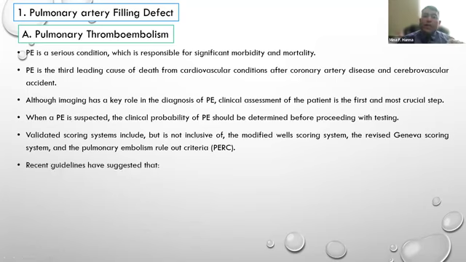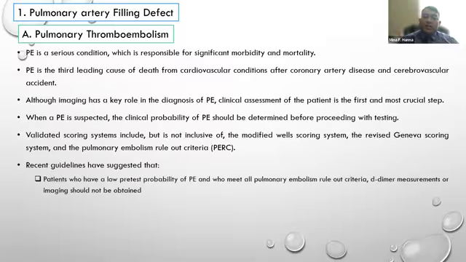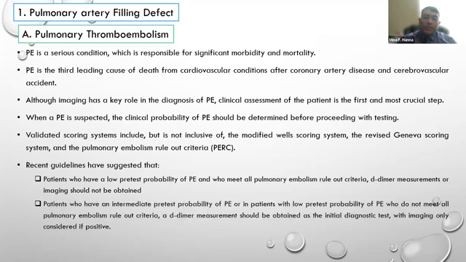Recent guidelines have suggested that, number one, patients who have a low pre-test probability of PE, as we will see later, and who meet all pulmonary embolism rule out criteria, so they rule out the criteria for PE clinically, and the low pre-test probability by these tests we mentioned, D-dimer measurement or imaging should not be obtained. So if clinically this patient has very low probability, nothing else should be done regarding the PE.